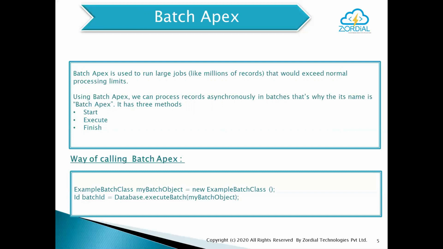And here is the way of calling the apex batch. Let's say we have a class called ExampleBatchClass. We just need to create an object of that class and put that object in Database.executeBatch. This is how we can run this batch class, and we will receive a batch ID, the job ID. We can also monitor that job from the Apex Jobs queue.